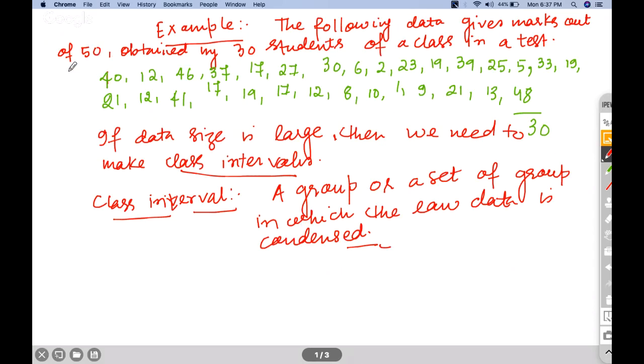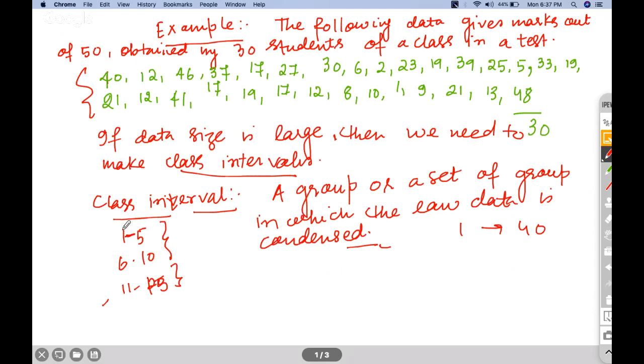Now see how I'll take class intervals here. My numbers vary from 1 to 40. So I can take class intervals of 1 to 5, then 6 to 10, then 11 to 15, because this class size has to be equal most of the time.